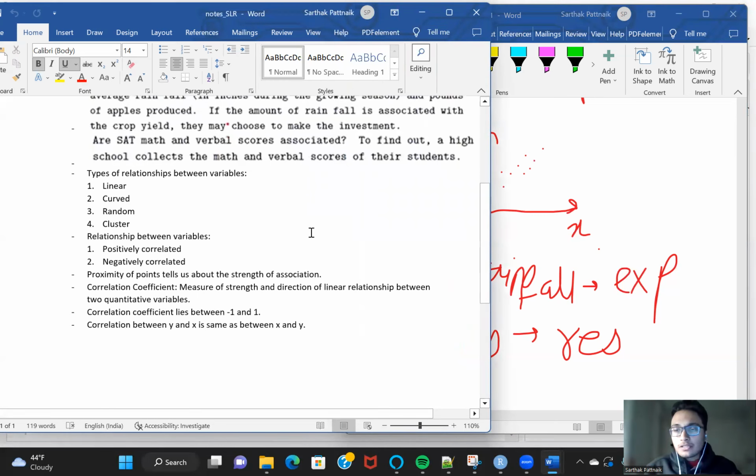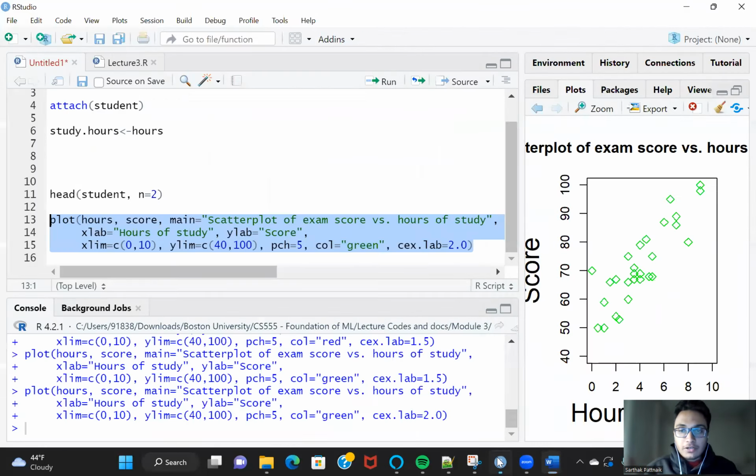So between two variables, there can exist a plethora of relationships. As we saw in this particular example, the relationship between hours of study and score is linear. And how can I say it's linear? Because you can see the distribution of points, and it almost seems like I can pass a line through the points.